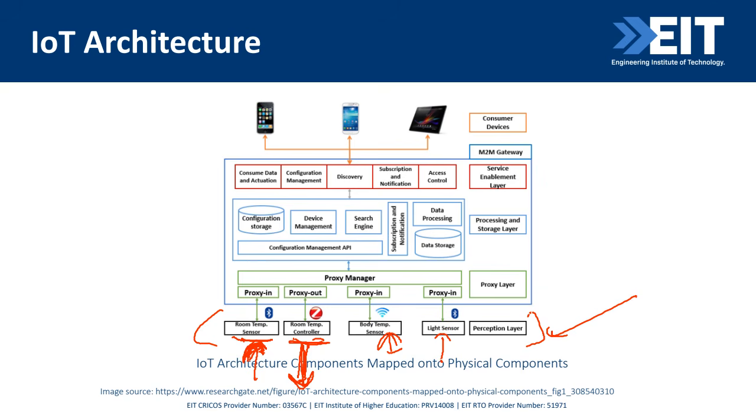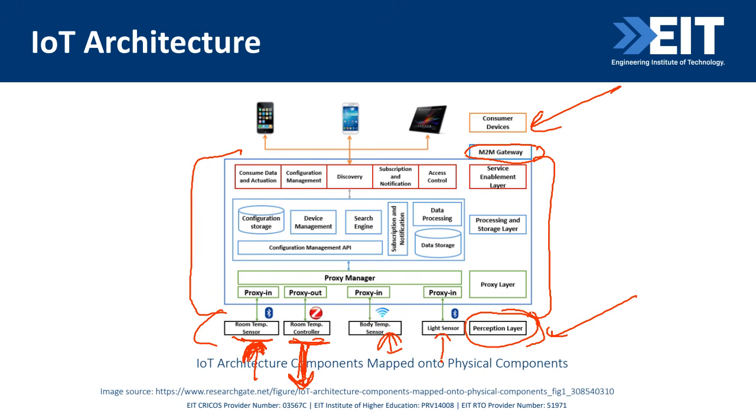So this is the perception layer. The perception layer is perceiving the environment and acting on it. This whole thing is our system that we'll call here a machine-to-machine gateway. It's the gateway between the perception layer and what you see in here, the applications, where we have the actual applications, like on a smartphone, on a computer, on a tablet.